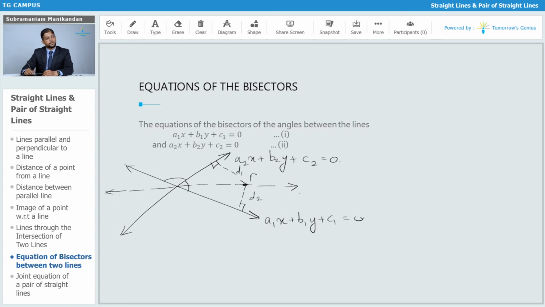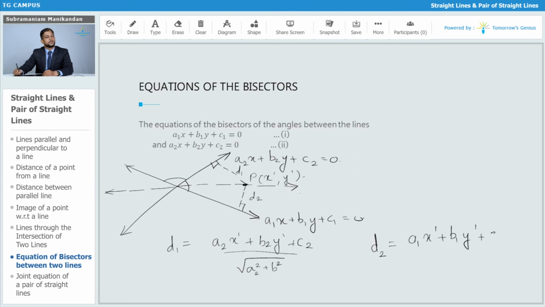And so therefore, the distance of this point P, let us suppose the coordinates of the point P are x dash and y dash, then d1 equals (a2 x dash + b2 y dash + c2) by the square root of a2 square plus b2 square. d2 is given by (a1 x dash + b1 y dash + c1) divided by the square root of a1 square plus b1 square.